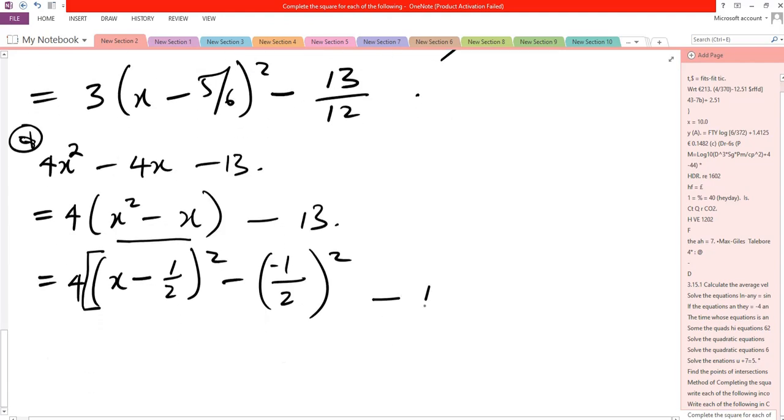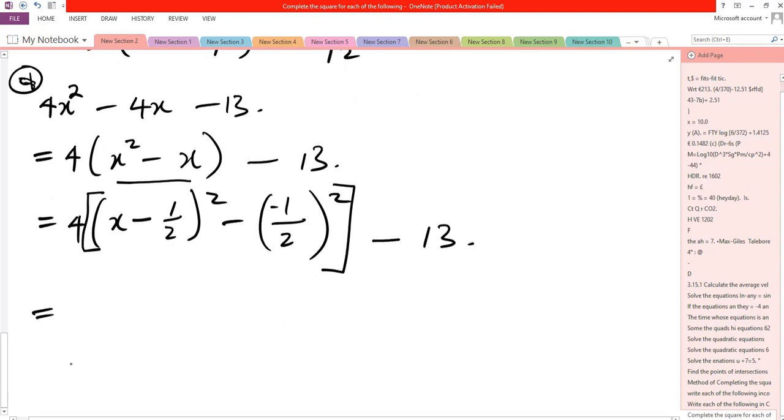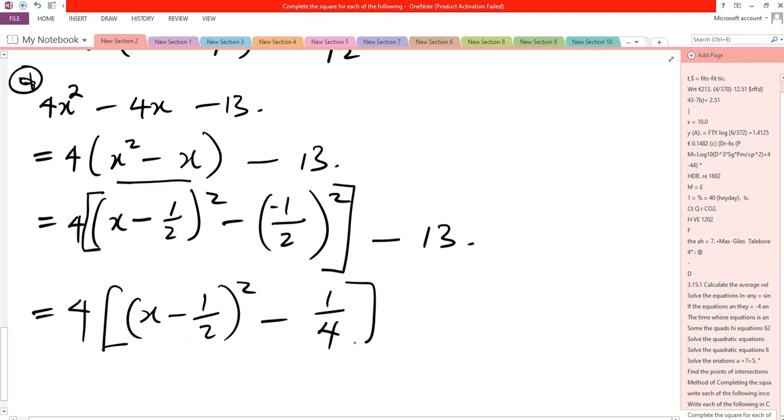Then this is minus 13, the whole of this enclosed, which is multiplied by 4. So you have 4 into x minus 1 over 2 all squared, minus 1 over 4, minus 13.